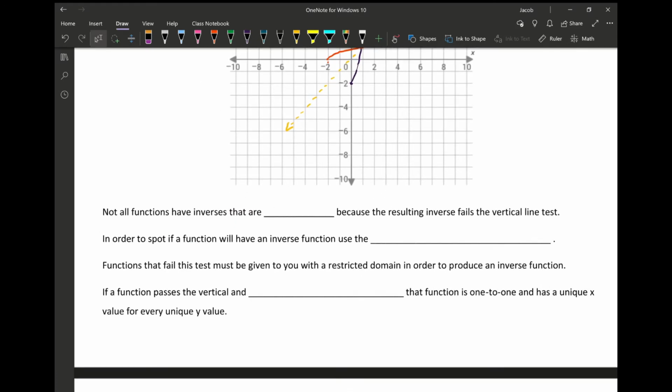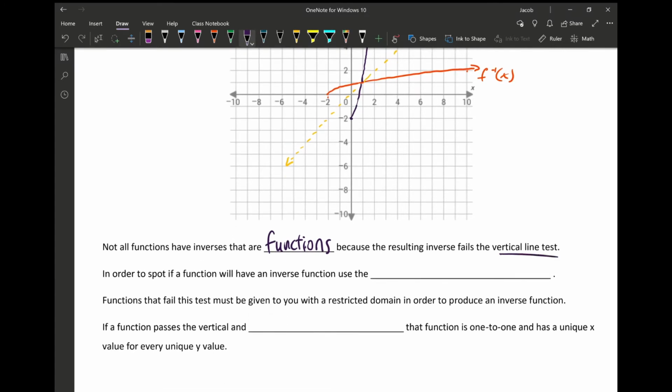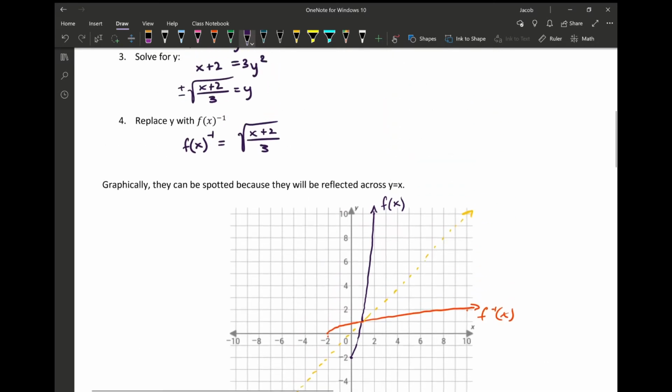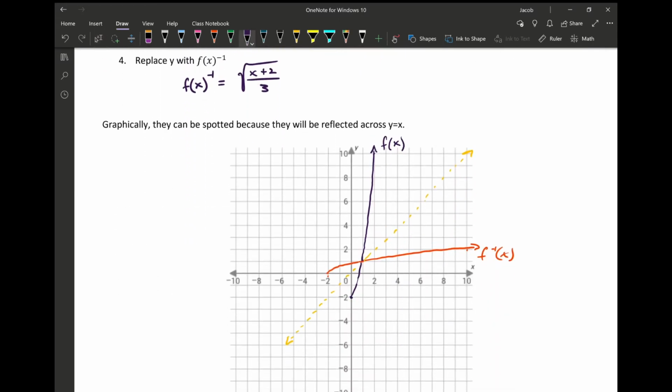Not all functions have inverses that are functions, which is what we've just discovered, which is why we have restricted this orange graph to be just the top half, because the resulting inverse fails the vertical line test. And in order to spot a function will have an inverse function, we use the horizontal line test, which here, if we graphed the original function without the restriction, then it would fail the horizontal line test.